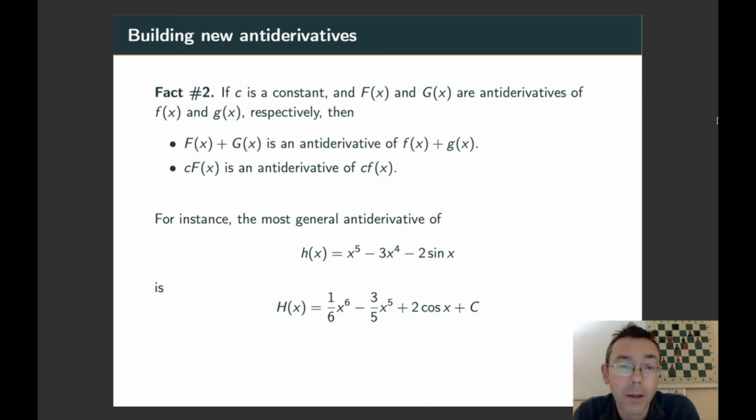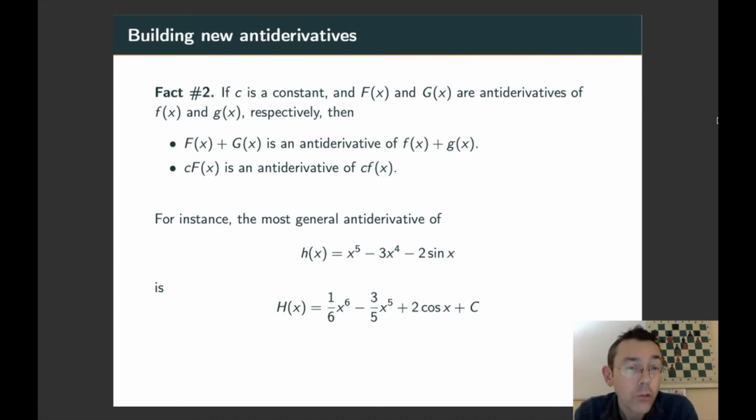Finally, I'm going to do -2 sine of x by anti-differentiating sine of x to get negative cosine of x. Overall, -2 times negative cosine of x is positive 2 cosine of x. Finally, I add that constant at the end, plus c, to make sure I have the most general antiderivative.